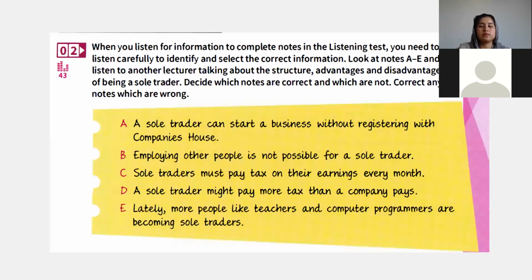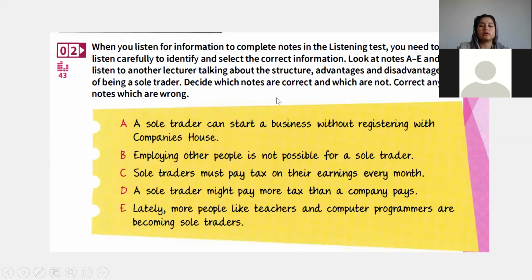So the first practice that we have is the second practice. It says when you listen for information to complete notes in the listening test, you need to listen carefully to identify and select the correct information. Look at notes A to E and listen to another lecturer talking about structure, advantages, and disadvantages of being a sole trader.